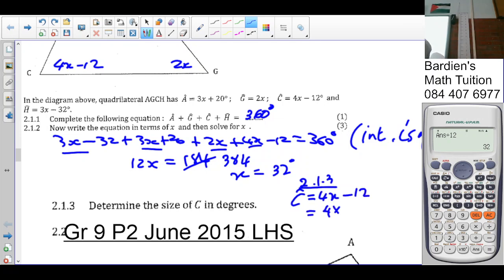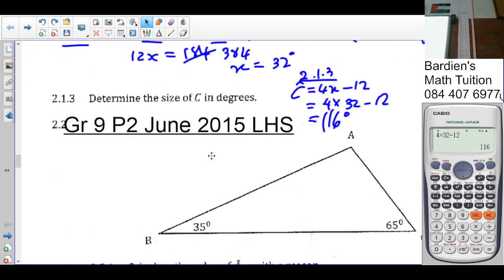So it's going to be 4 times, my x is 32, minus 12. So 4 times 32 minus 12 gives us 116. Is that correct? 116 degrees.